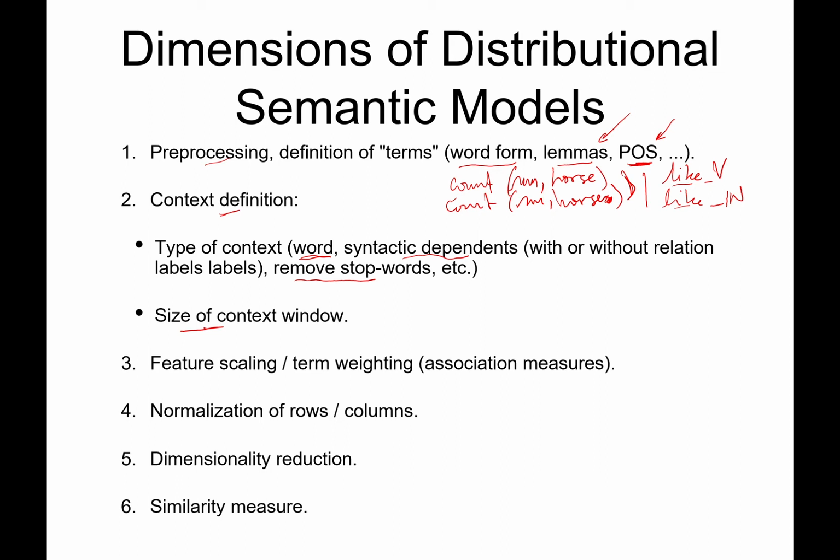All right. Another thing is term weighting, and we'll talk about this in a minute, because when we said we take a word, so let's say that I have a word wi, and then I have wi minus 2, wi minus 1 in a sentence, and then I have wi plus 1, wi plus 2, etc., etc. And let's say that I'm taking a context window of minus 2 plus 2. So that means that in my co-occurrence, I'm going to see how many times wi co-occurs with any of these words.